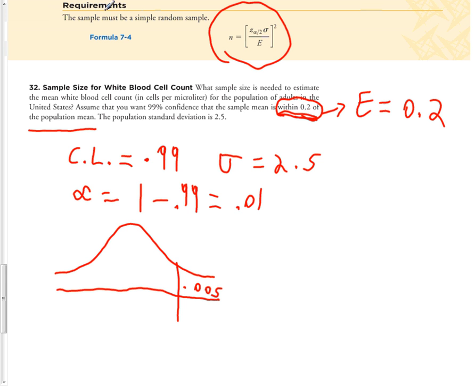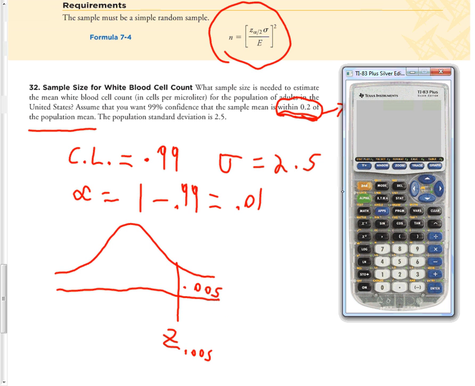So let's go ahead and find that number, the z of 0.005, that critical value. So on our calculator, once again, we're going to the inverse normal function. So we press second, distributions, number 3, the inverse normal.